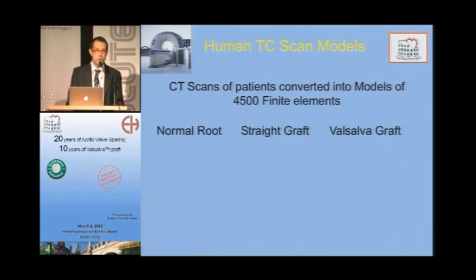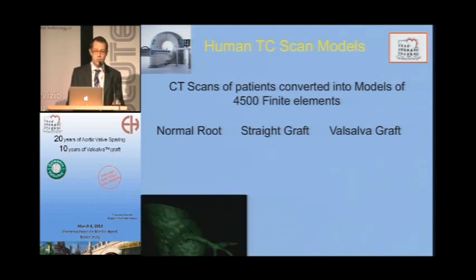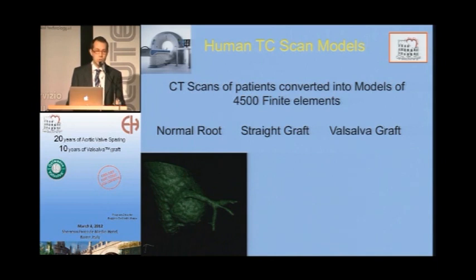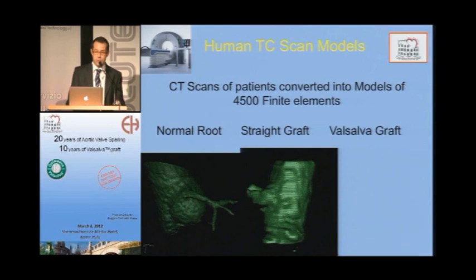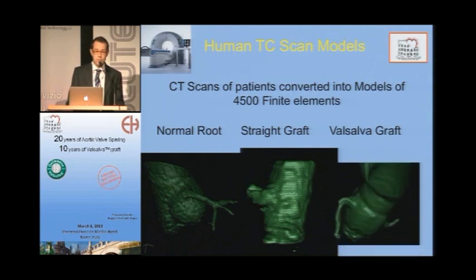Then we moved on to something more complex. We used actual CT scans of patients. We converted them into models. We obtained a normal root, by the way, this is me, a straight graft and a Valsalva graft.